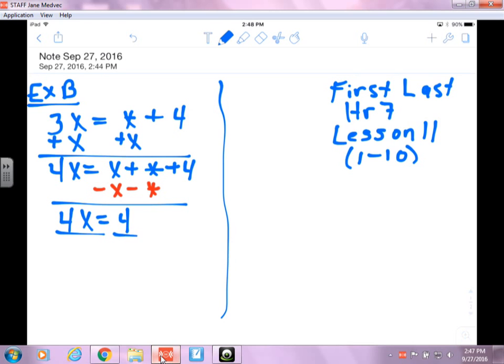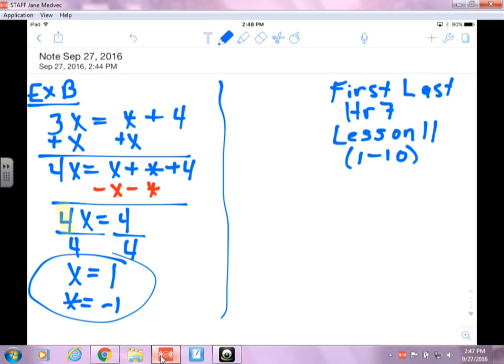I'm going to divide by 4 because it's the number in front of my x. So I end up with x equaling 1 and star equaling -1. I'm going to circle my answer, square my answer. Then I go to the other side and I do my check.